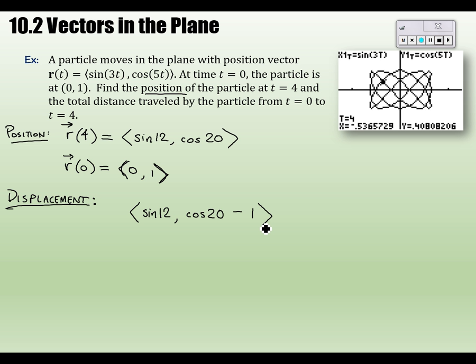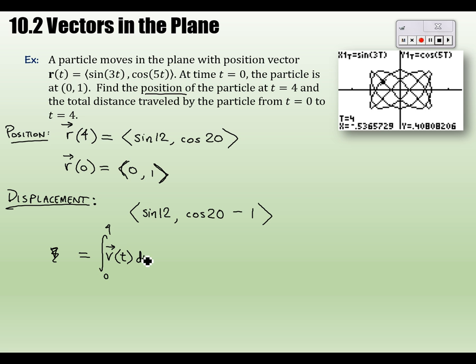How are these different? Is this the same answer you'll get if you find the velocity function and integrate it from 0 to 4? Yeah, it should be. We'll write that up here too. It's also equal to the integral of the velocity vector on the interval 0 to 4.